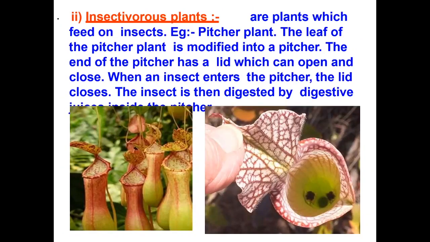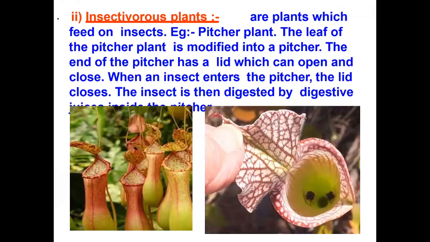Next one is insectivorous plants. Have you seen or heard of plants that can eat animals? There are few plants which can trap insects and digest them. Such plants feed on insects. In these plants, leaves are modified into a pitcher-like structure.